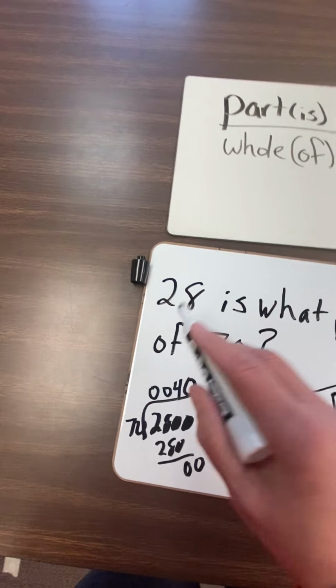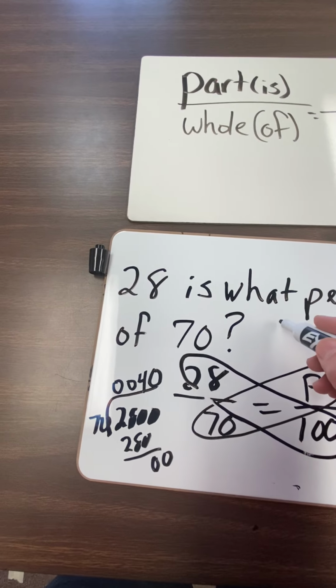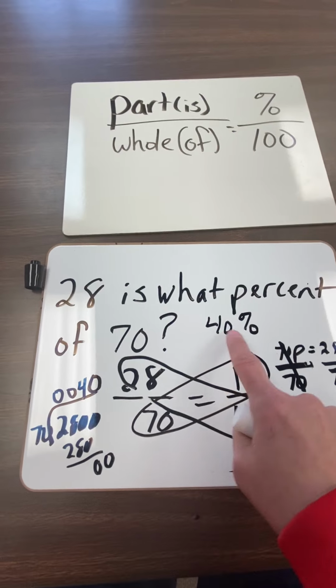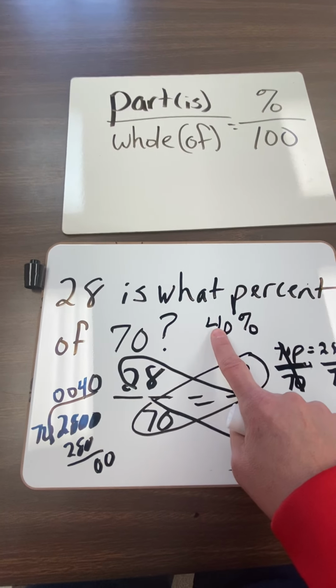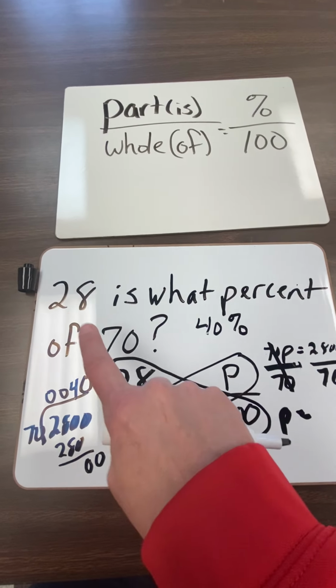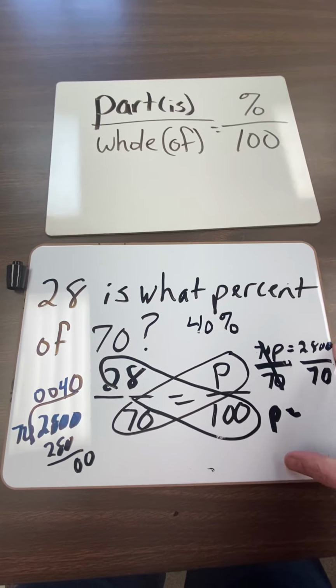So then 28 is 40% of 70. So 40 would be your answer. And remember, when we said it's base of 10, we can go 7 times 4 is 28. So 28 is 40% of 70.